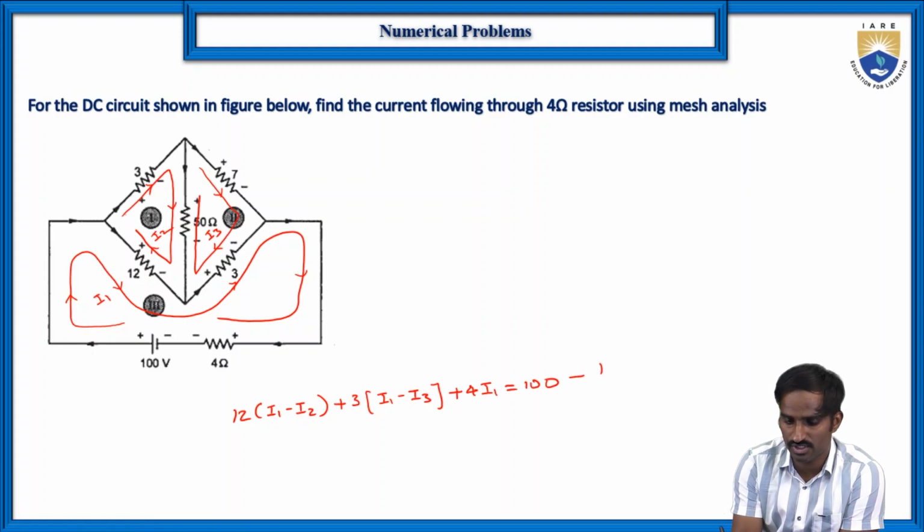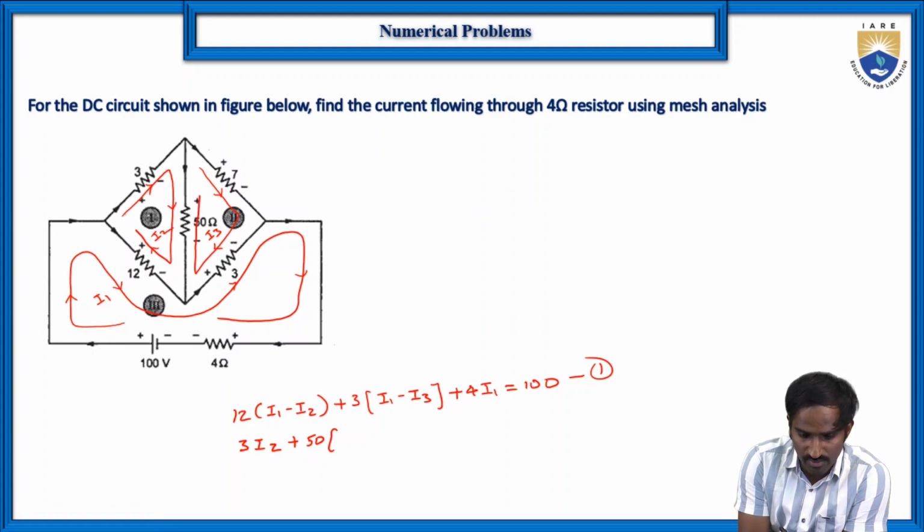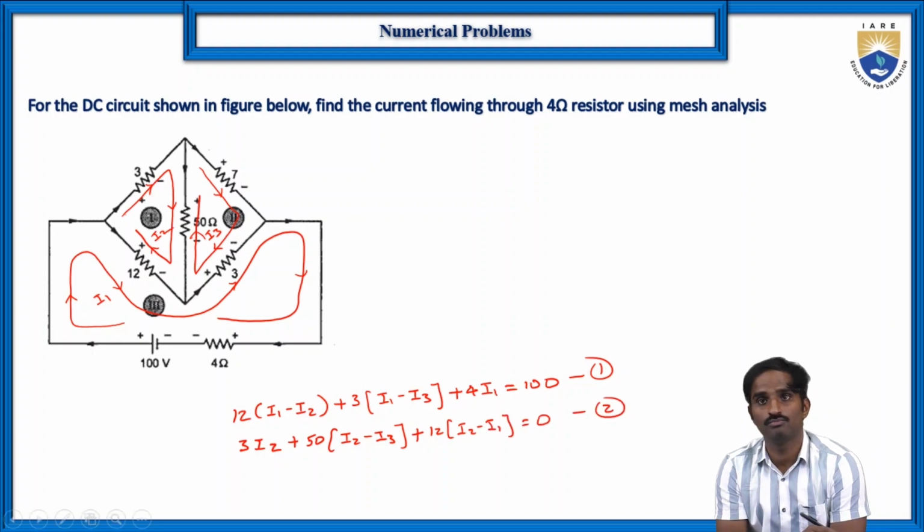Okay, this is equation number 1. Then with respect to loop 2, start with 3. So 3 into I2 plus 50 into, here of course I2 and I3 are flowing in the opposite direction. Okay, so here I2 minus I3 plus 12 into I2 minus I1, which is equal to 0. Let us consider this is equation number 2.